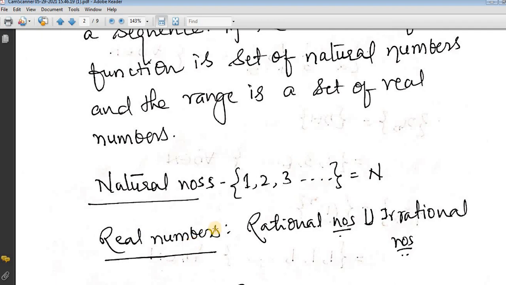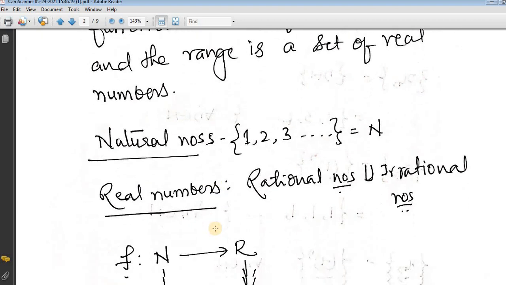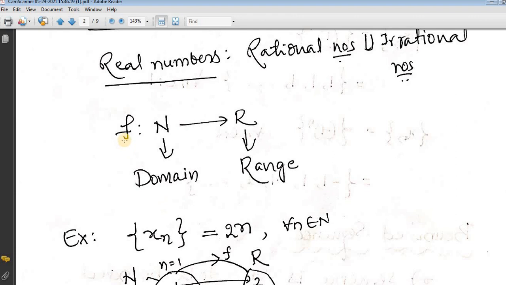Here a sequence is a function from the set of natural numbers to the set of real numbers. If f is a function from the natural number set to the real number set, then the set of natural numbers is the domain and the range is the set of real numbers.